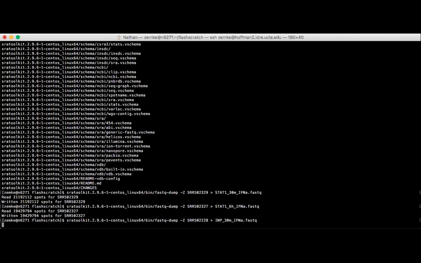One thing I should mention. The Flash Scratch folder that we're working in, while it's pretty generous that they give us 2 terabytes of storage space to work with, and you can do a lot, I rarely fill it up. It does happen.